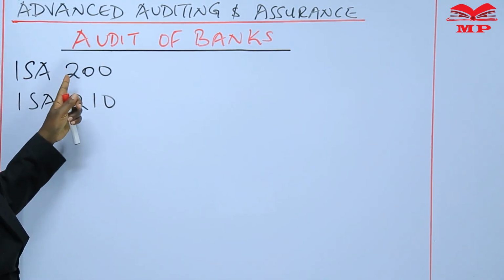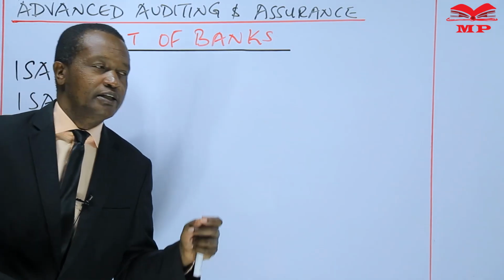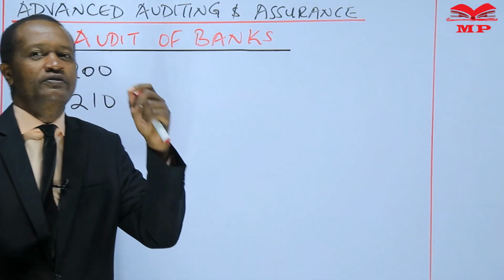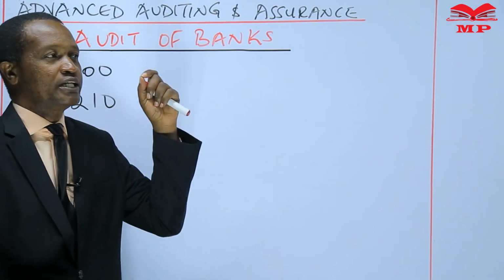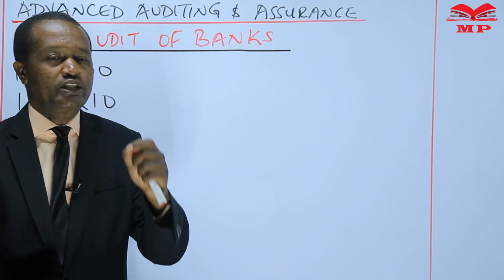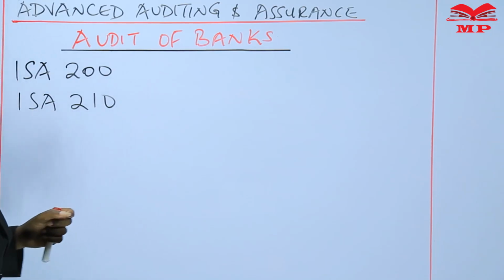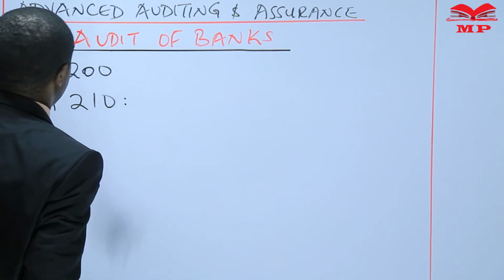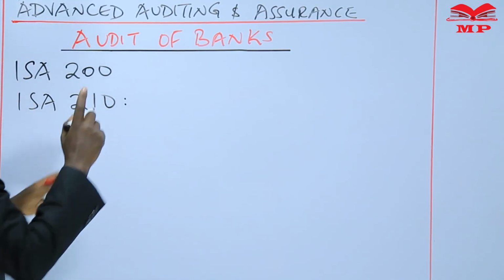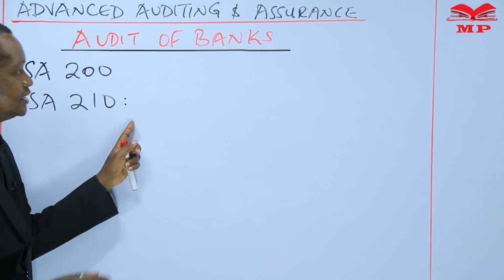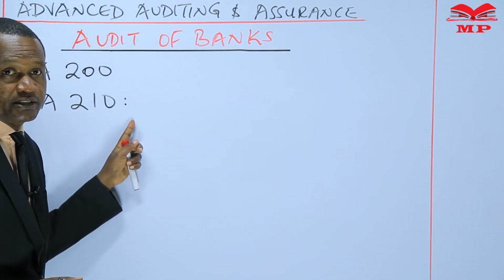The ISA 200 is about objective and general principles governing an audit of financial statements, whereas 210 is about the terms of audit engagements.